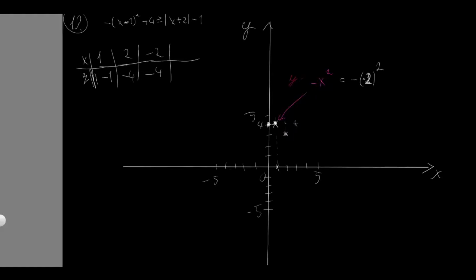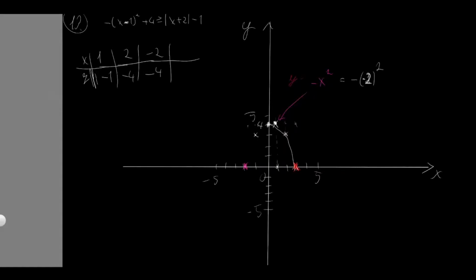And the y value is negative 4, so 1, 2, 3, 4, exactly on the x-axis here. Maybe I should indicate that with a red x here. Okay. The same on the other side. Negative 2 is 1, 2, x negative 2 is somewhere here, and the y value is negative 4, again on the x-axis. So somewhere, and this is a purple cross here. And of course, 1 is again negative 1, so it's here.